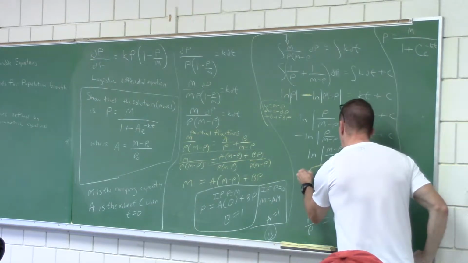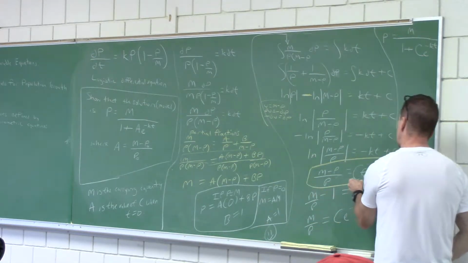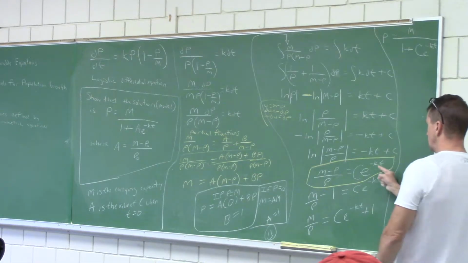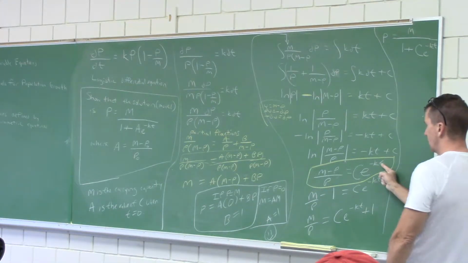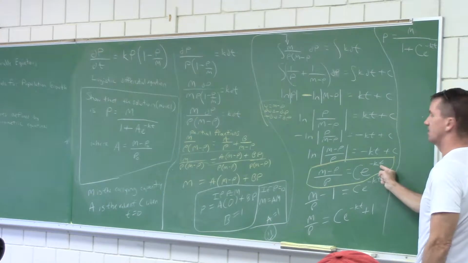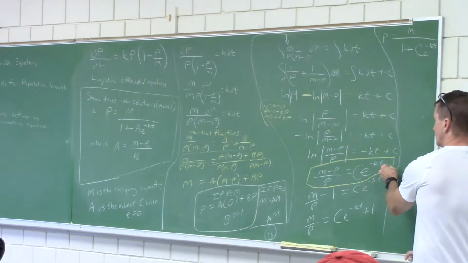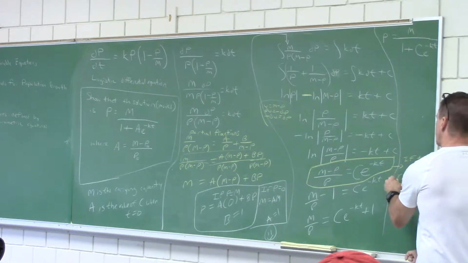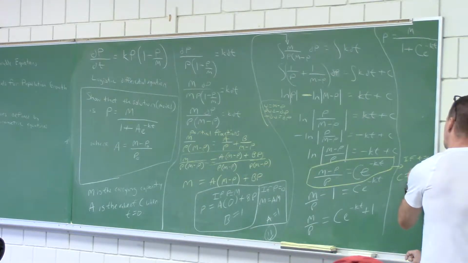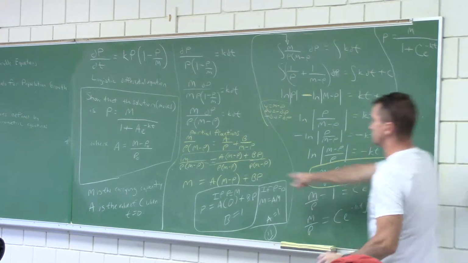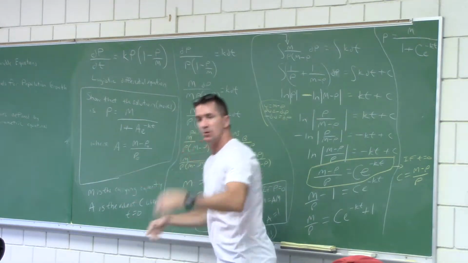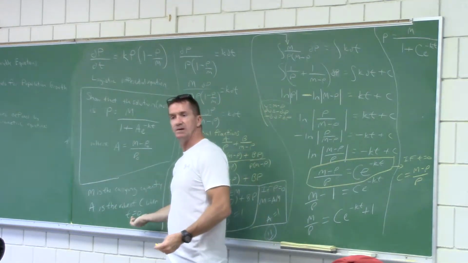Now, what would a equal? Would you plug a 0 in there? What would c equal if t equals 0? We get c equal to what? 1. M minus p over p, that shows the second part. So again, a is the value of c when t equals 0.